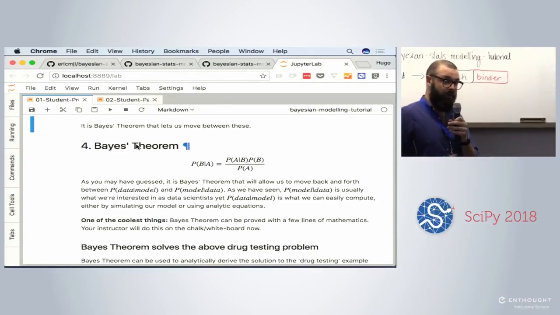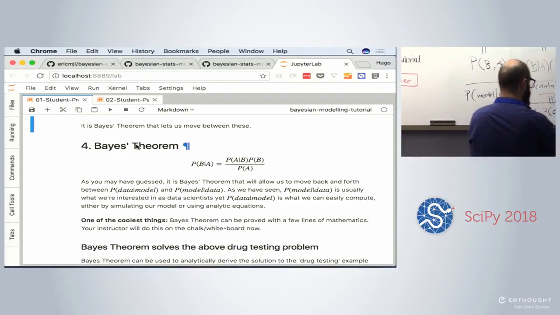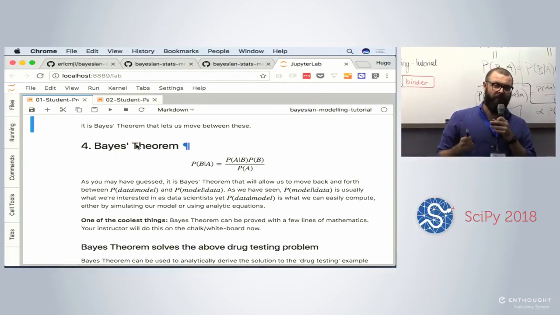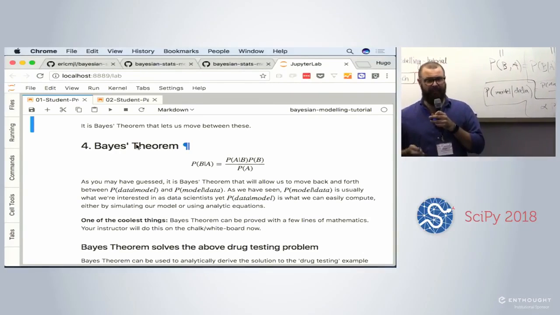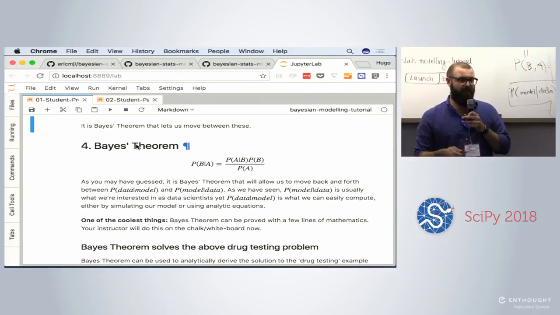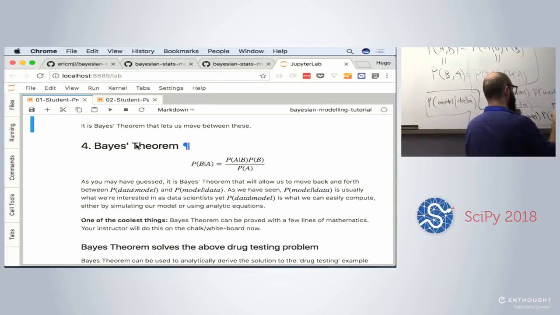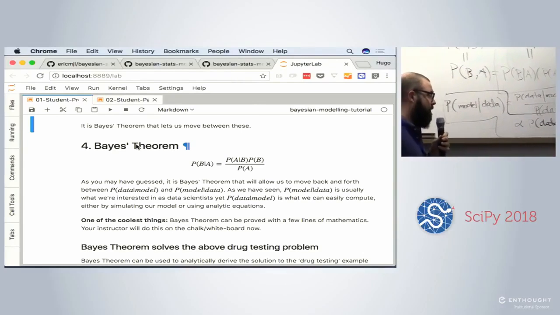Now, these three things have names. The probability of a model before seeing any data is essentially the probability of something prior to seeing the data. That's why this is called the prior. All of this is in the notes as well, in the notebooks.